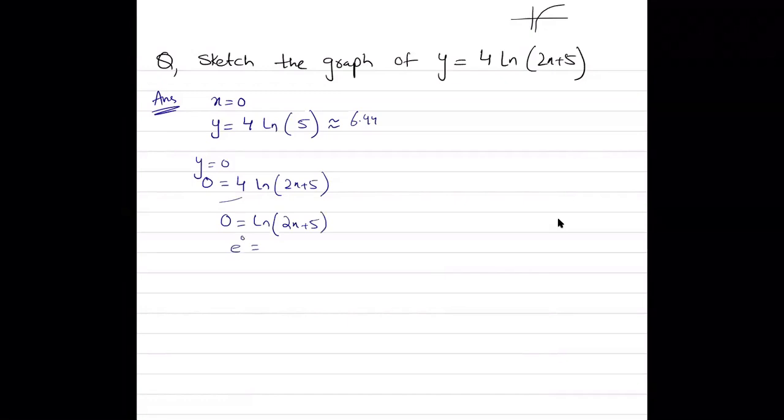E raised to the power of 0 is going to be 2x plus 5. So x comes out to be -2. So this means that the graph is going to intersect the x-axis at -2.